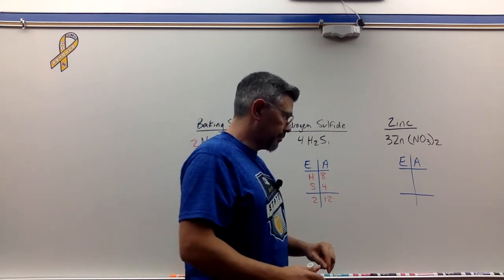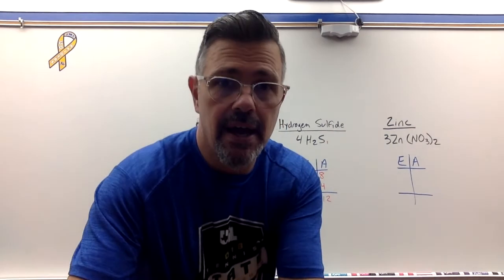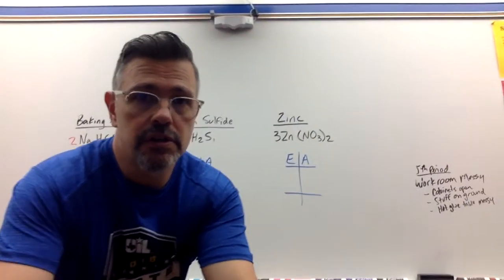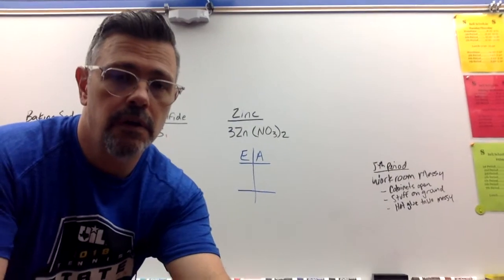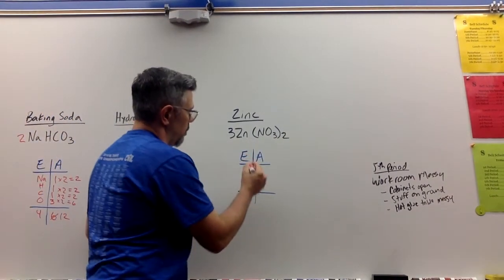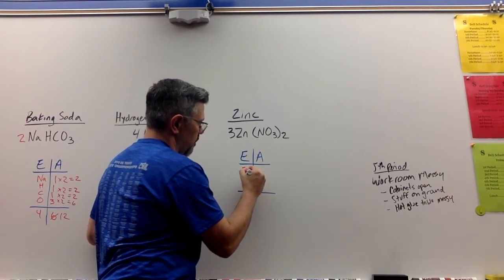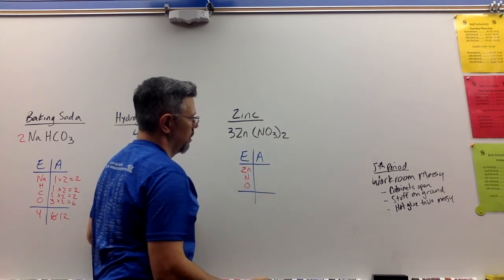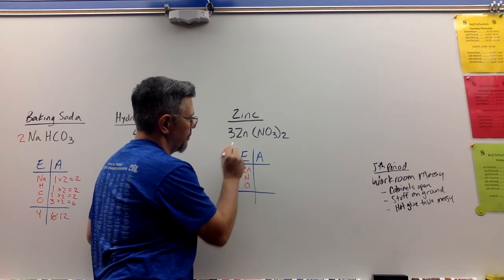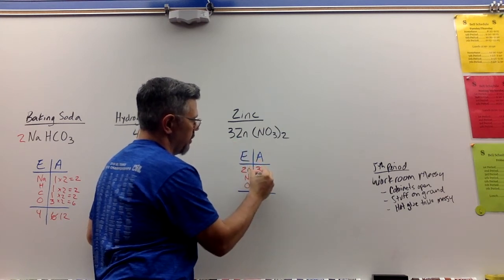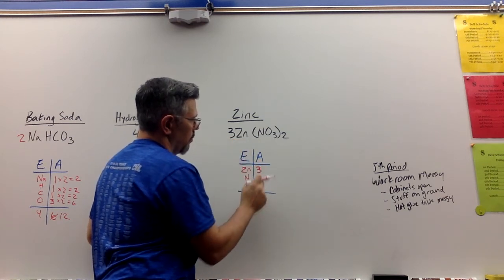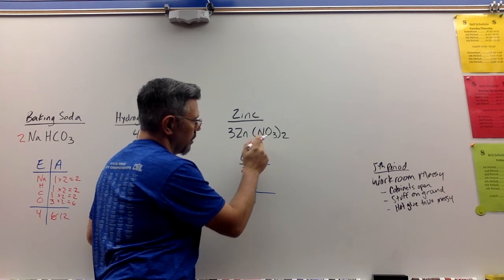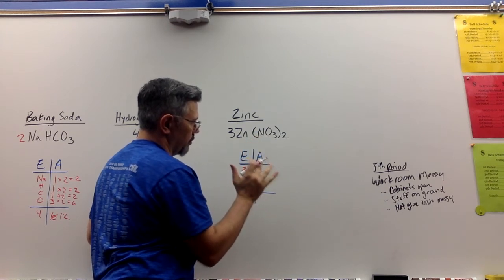We have zinc. And I'm going to go ahead and slide it over, just like so. Okay, zinc. So elements, we have Zn, we have N, and we have O. So we have 3 Zns here. We have, well, let's really look at this.